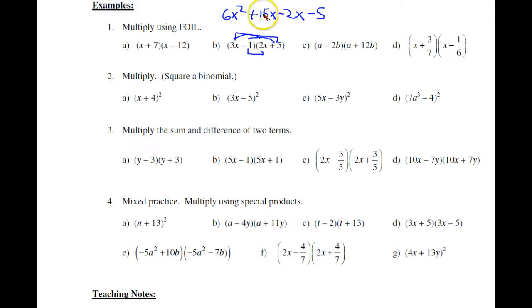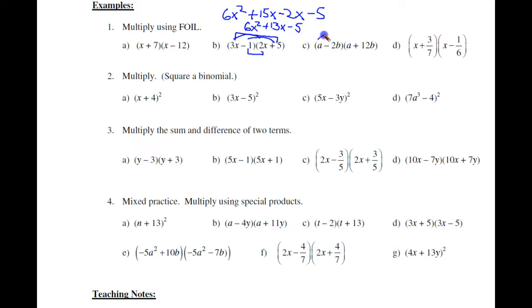So that when we combine like terms, we get 6x squared plus 13x minus 5. Now, in the previous lesson, we talked about multiplying, lining them up vertically, and then multiplying this by that, and this by that horizontally. The FOIL is a good way to do it in general, and again, will be needed for later things we do in math.